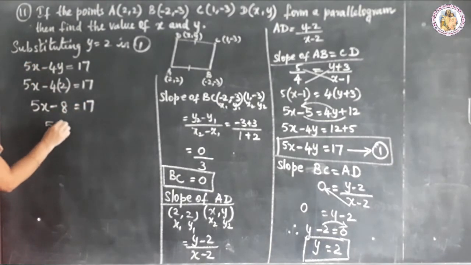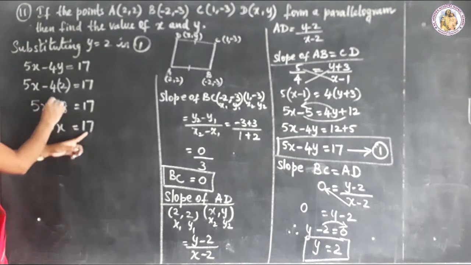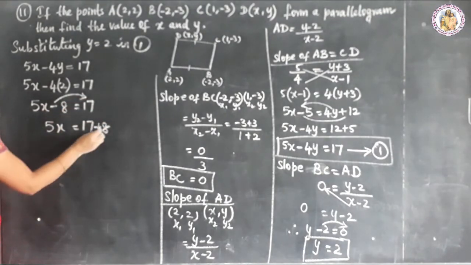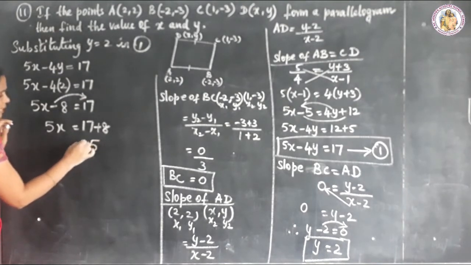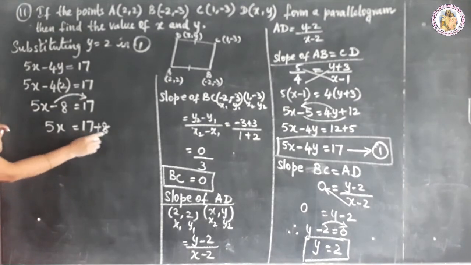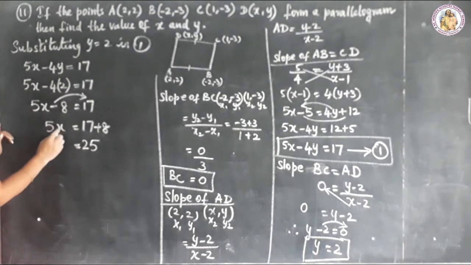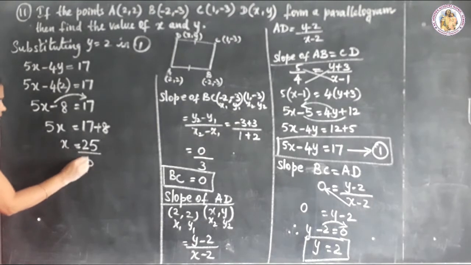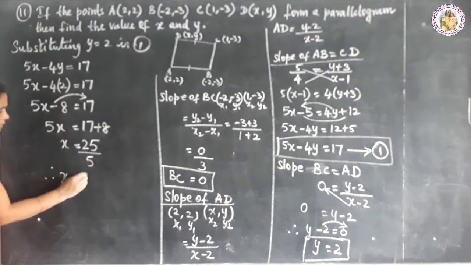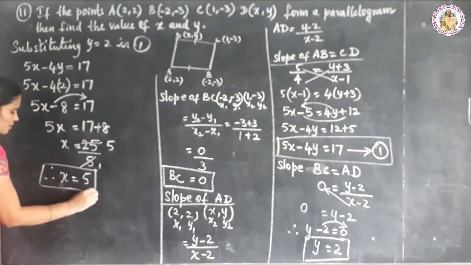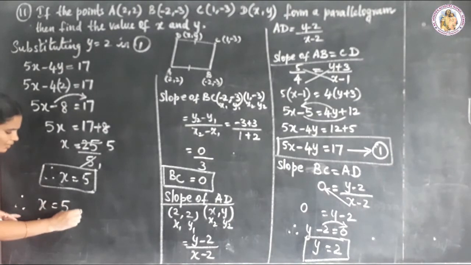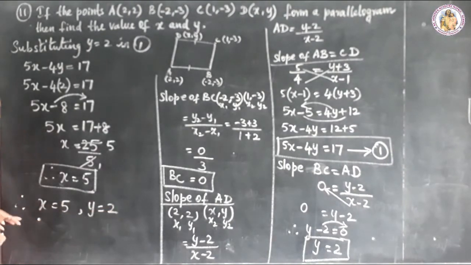So 5x is equal to 17 plus 8, which is 25, and x is equal to 25 divided by 5, that is 5. So therefore the value of x is equal to 5 and y is equal to 2.